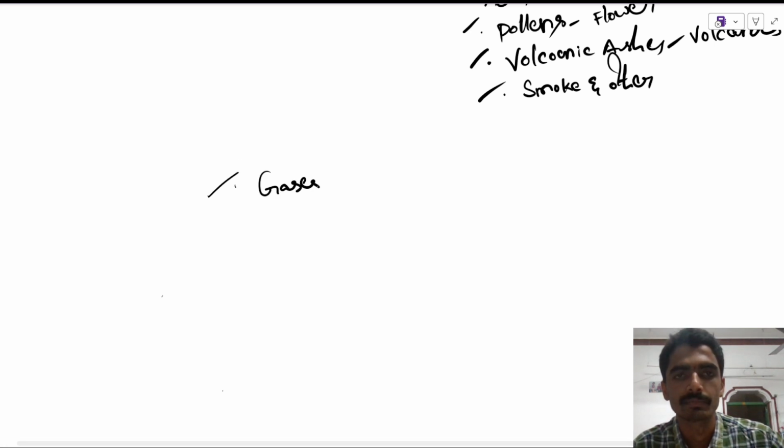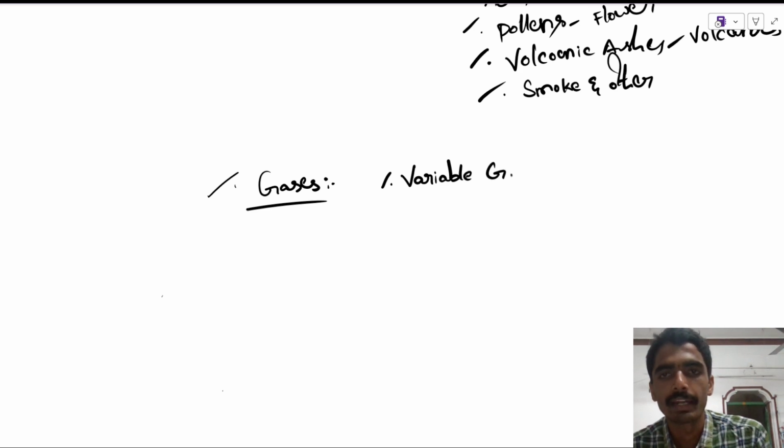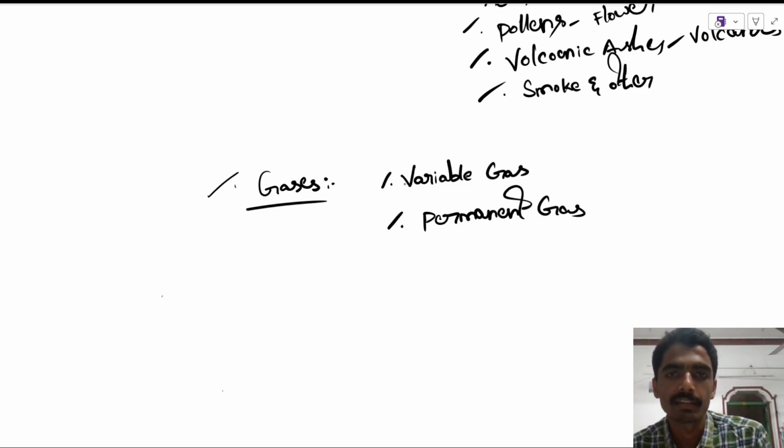While coming to the gases, gases are the most prominent for the living atmosphere, even for regeneration of life. Here there are mainly two types of gases. One is variable gas and the second is permanent gases.